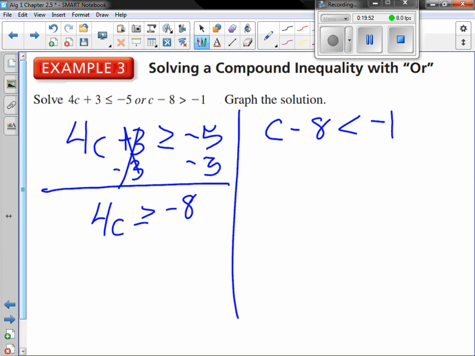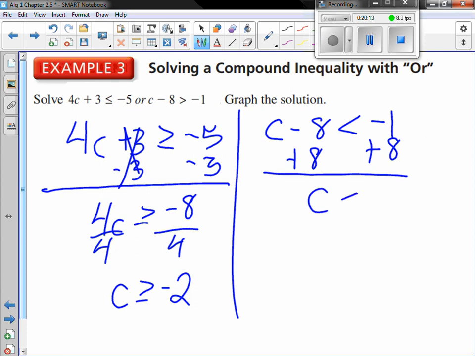Then we divide both sides by 4 and get c is greater than or equal to -2. We're good with that, yes? Because those are just what we've been doing, just at a little bit faster pace, yes? Here we would add 8 to both sides and get c is less than 7, yes?